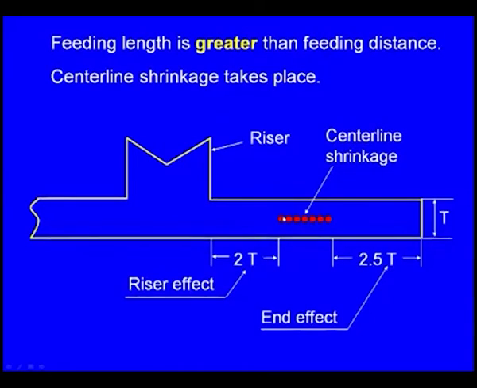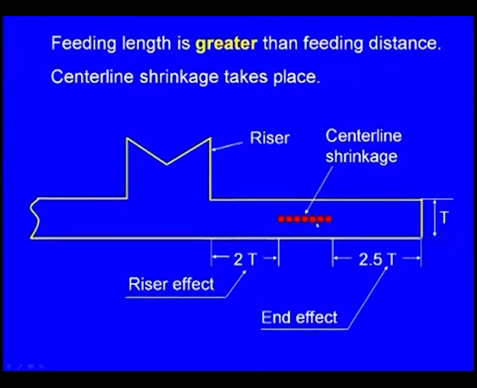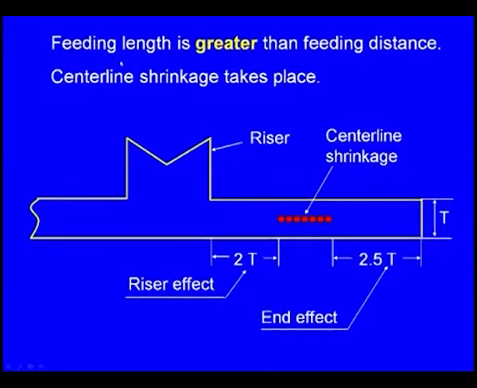Now, what about this portion? This portion is not covered by the riser effect and it is not covered by the end effect. Then what will happen? There will be shrinkage. You can see this is known as the center line shrinkage. So, center line shrinkage can take place when feeding length is greater than the feeding distance.